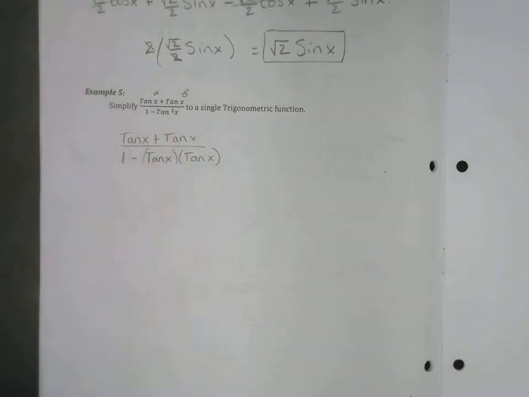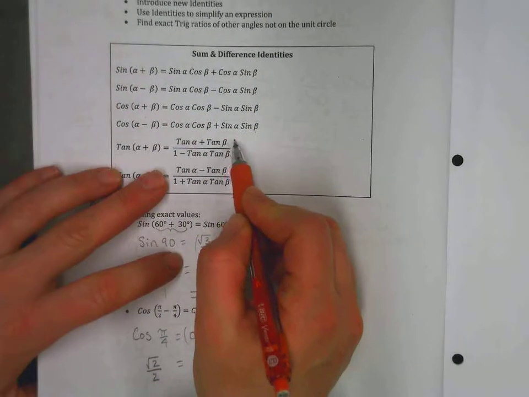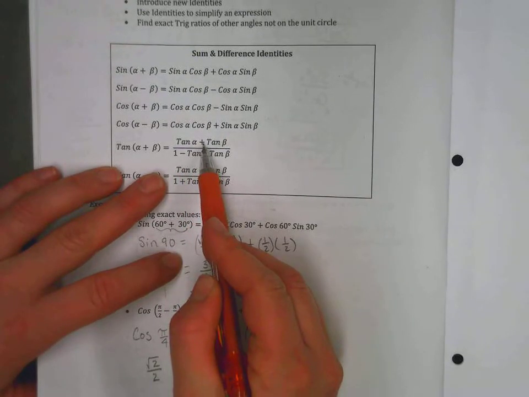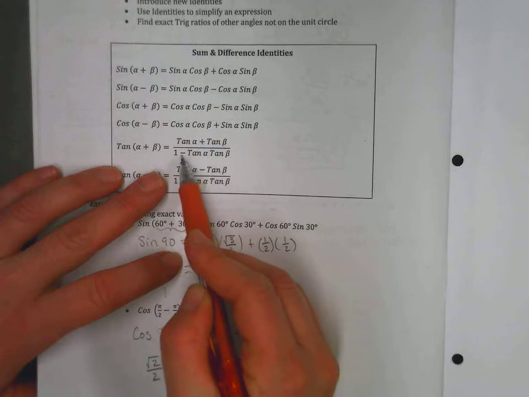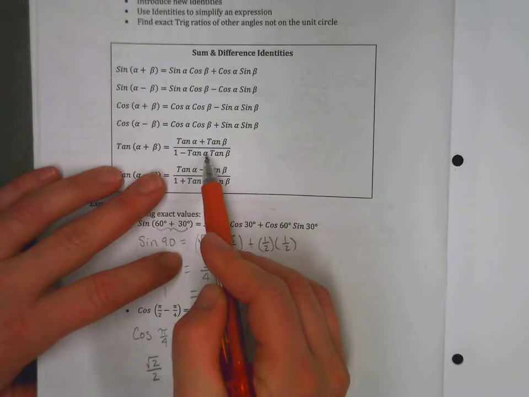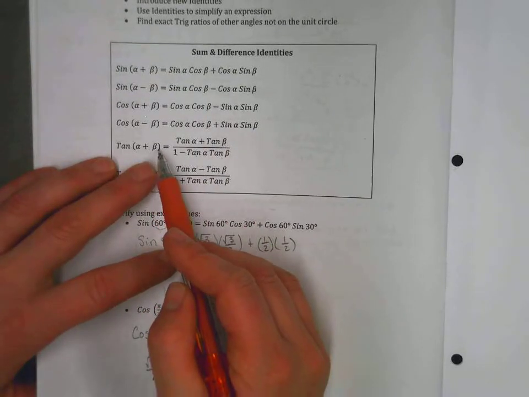So thinking about my identities, that ends up being the same as this identity: tan of alpha plus tan of beta over 1 minus tan of alpha times tan of beta. But in this case, alpha is x, and so is beta. Beta is also x.